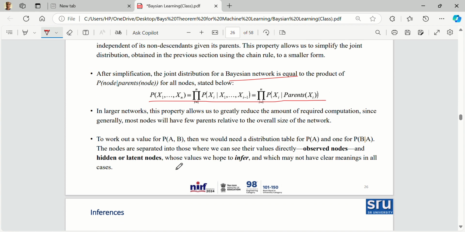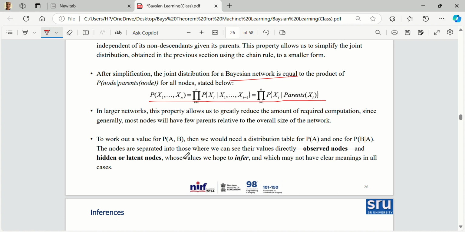In a larger network, this property allows us to greatly reduce the amount of required computation, since most nodes will have few parents relative to the overall size of the network. So every node does not depend on every other. Only some of the nodes may have very few parents or a small number of inputs.